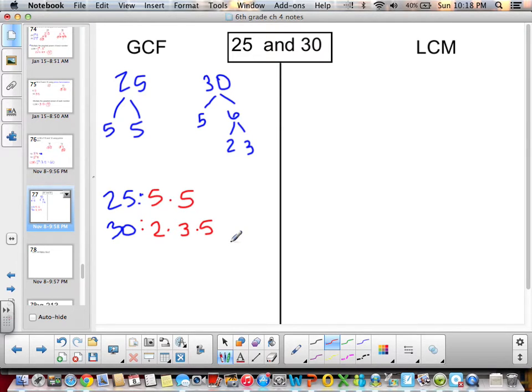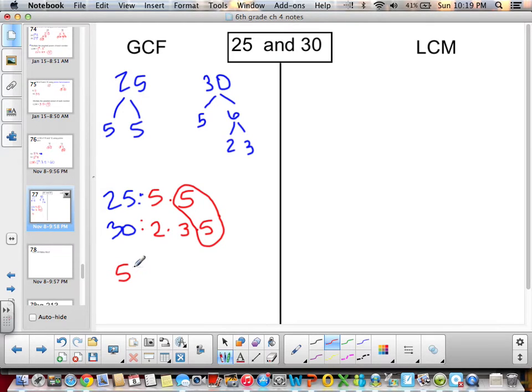So they each have a 5, so we've used 5, but we only use one of them, and we pull that out. And then because there's not another 5, and there's not another 2, and there's not another 3, that is the only one that we get to use. But we only use one of them. We don't multiply them together, and this is where we get confused.